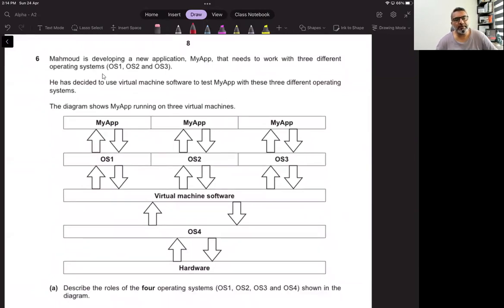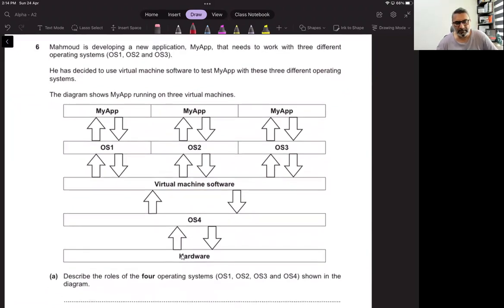Now, question number 6. Mahmoud is developing a new application, My App, that needs to work with 3 different operating systems, OS1, OS2, OS3. He has decided to use the virtual machine software to test My App with these 3 different operating systems. So he has his own hardware.